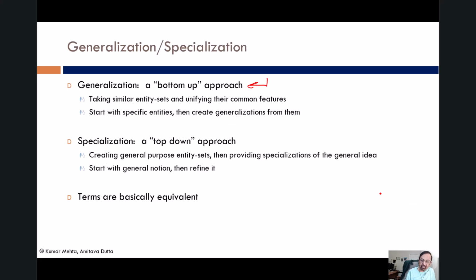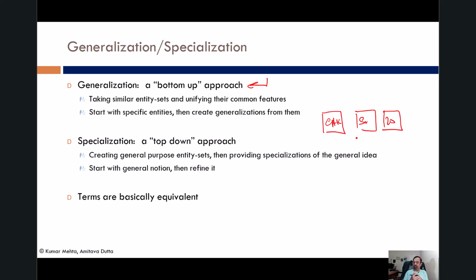Now, generalization is a bottom-up approach. So I could first think of the subgroups. There's checking account. I could think of a savings account. I could think of a loan account. And if I think of those three things separately, sure, I will notice attributes that are different across those three types of account.